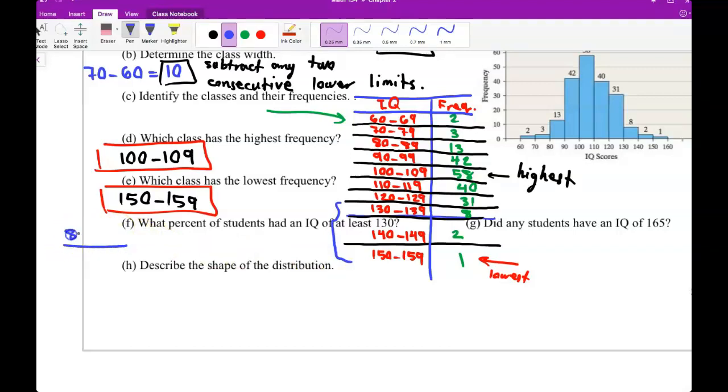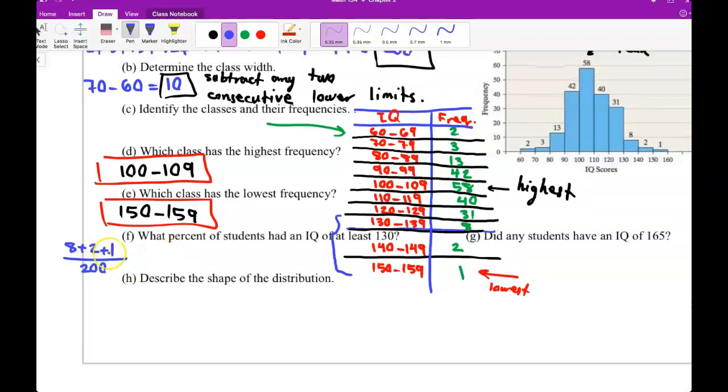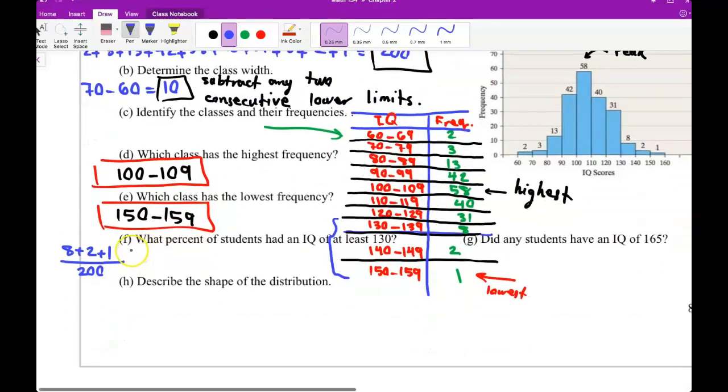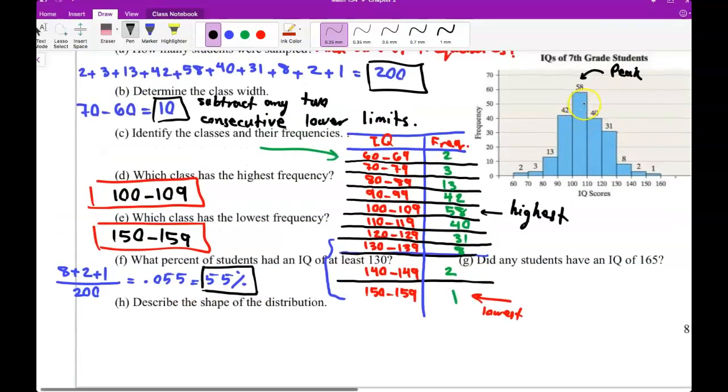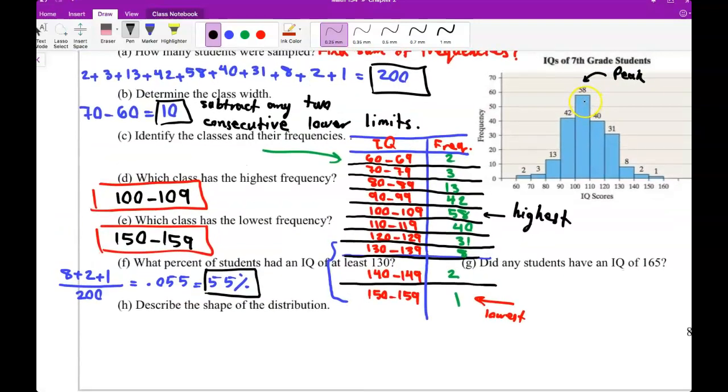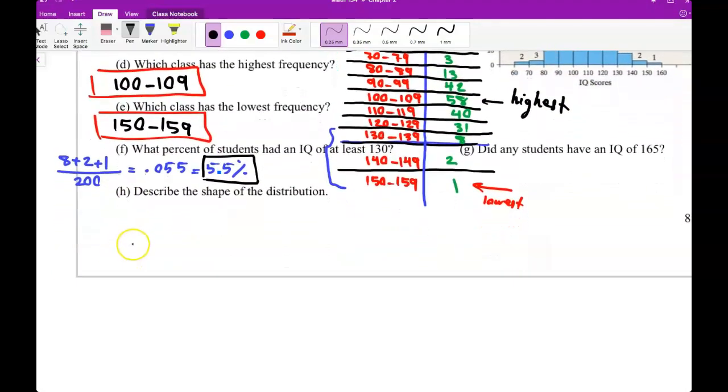We have 8 plus 2 plus 1, and since it's asking what percent of students, divide by the total number of students, which was 200 from the first part. So that is equal to... Part H, describe the shape of distribution. As I said, since we have the highest frequency in between, this one is bell-shaped.